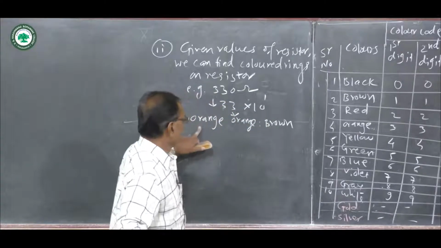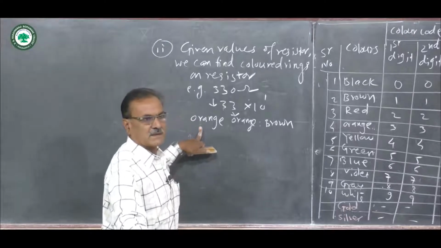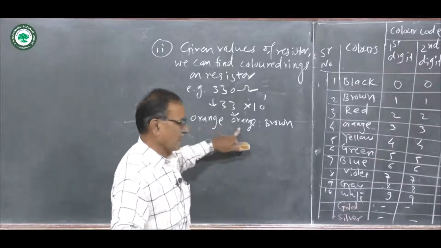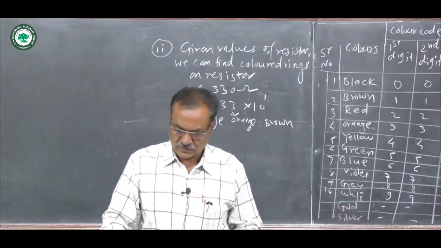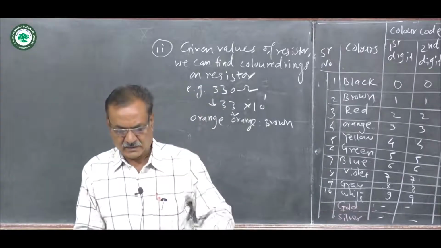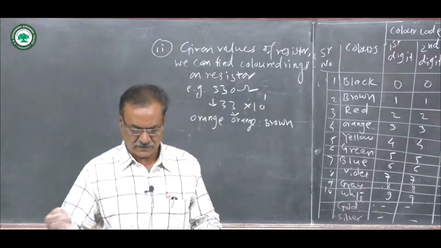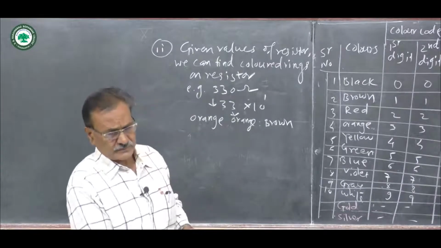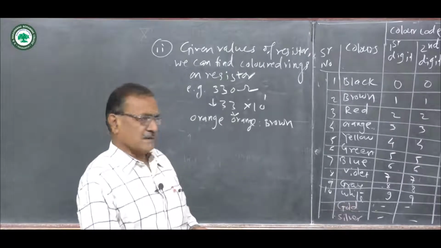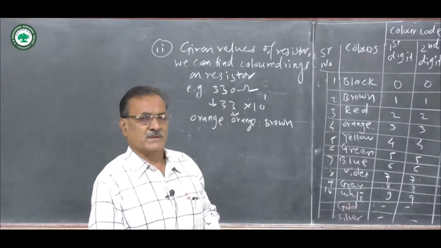Thus on the given register the color code is orange, orange and brown. Also the other end, that is the tolerance ring, is not given. So its tolerance is plus minus 20%.